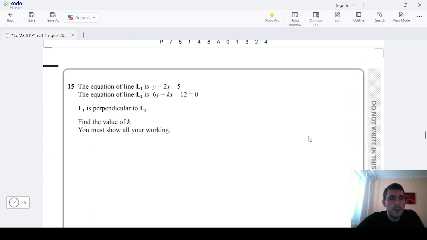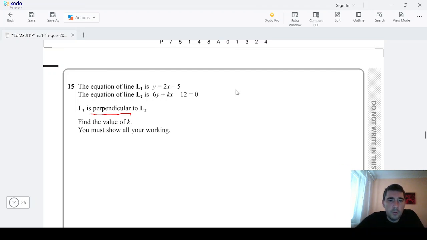Okay, so now the next bit, we've got 2 equations. We've got equation of the line 1 and equation of the line 2, and it says that both lines are perpendicular. To understand perpendicular lines, simply check the gradient.